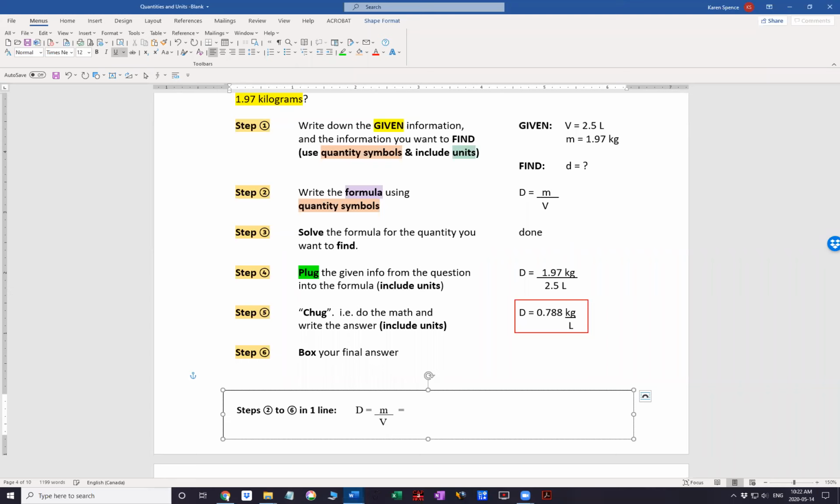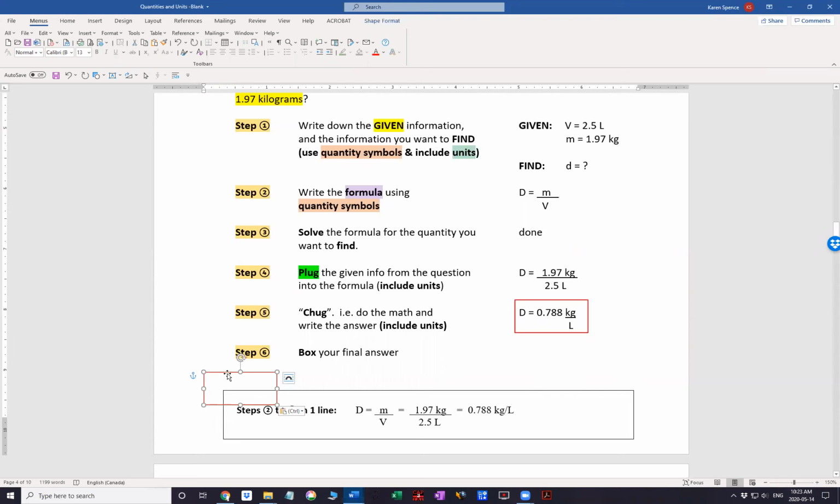So we would have 1.97 kilograms on the top, and then on the bottom, we would have our 2.5 liters. And then finally, all on that same line again, we could write 0.788 kilograms per liter and box our final answer. There we go.